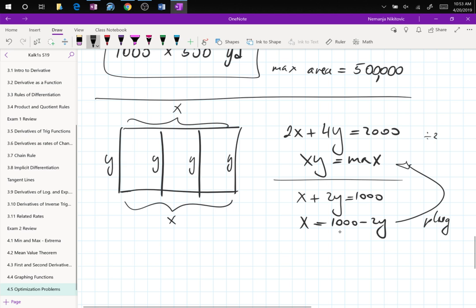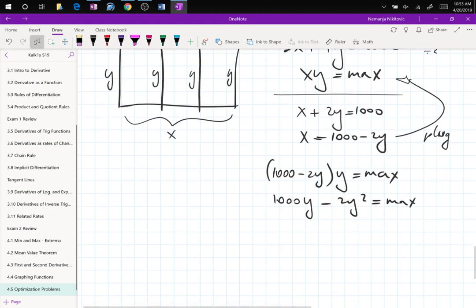You will take the constraint, solve for one of the variables, plug that into the objective equation, and then hit that with the derivative. So instead of x, we have 1,000 minus 2y, everything times y equals a max, which is 1,000y minus 2y squared equals a max.